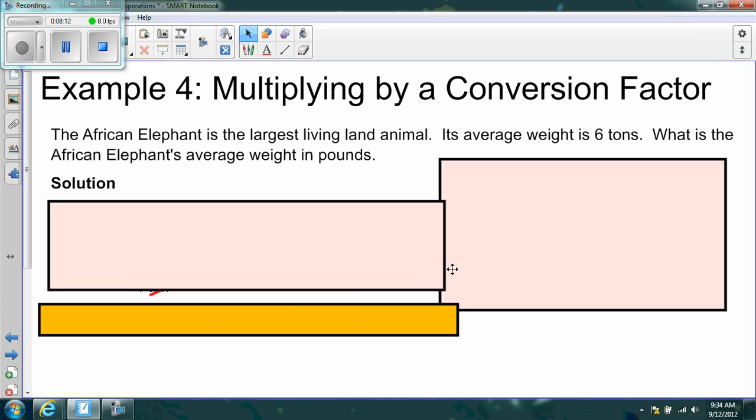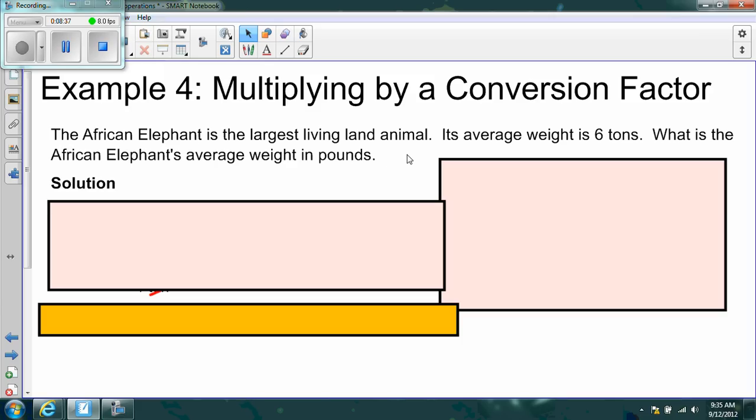The last example is going through multiplying by a conversion factor. We've used this in science a bit, but when you need to change the units of things, like from tons to pounds, or meters to feet, you use a conversion factor. In this case, the African elephant is the largest living land animal.